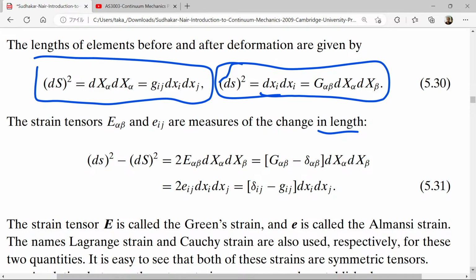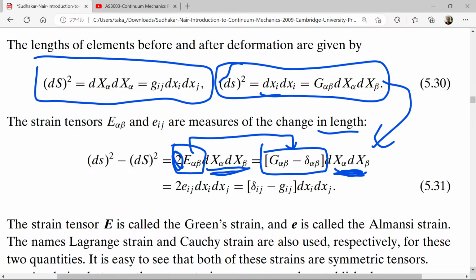Strain tensor is a measure of length. So you can see here you have this, and here you have this. So this one, strain tensor. I don't know why there is a 2, but strain tensor is defined to be this.